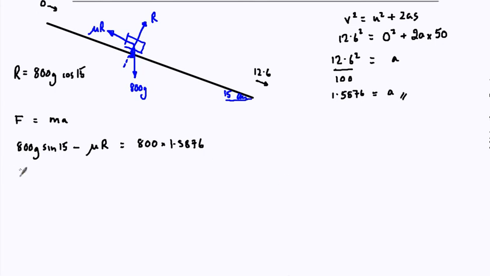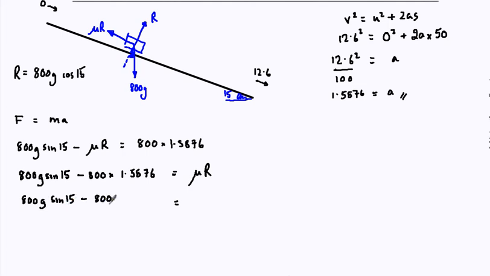What I've got to do now is sort this out. So let's start turning things around. I've got 800g sine of 15, minus 800 times 1.5876 equals, let's add the mu R onto this side. Quick turnaround. You can start just throwing all this into your calculator.